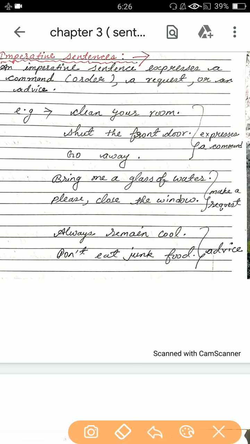In these three sentences, someone is giving a command, an order, that you go and shut the front door, that you go away. Clean your room means an order is given to somebody to clean the room. Such sentences which express a command are called imperative sentences.